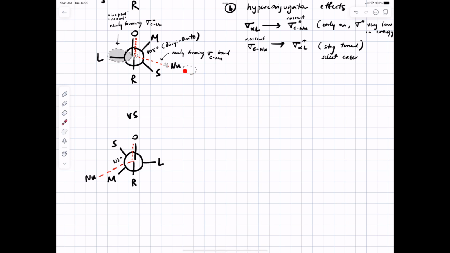If we approach from the right, the Bürgi-Dunitz trajectory brings the nucleophile pseudo-eclipsed with this small group. If we approach from the left, the Bürgi-Dunitz trajectory brings us pseudo-eclipsed with the medium group. So which approach do you think is lower in energy? Top one. Yep, top one. This is probably the lower energy approach.